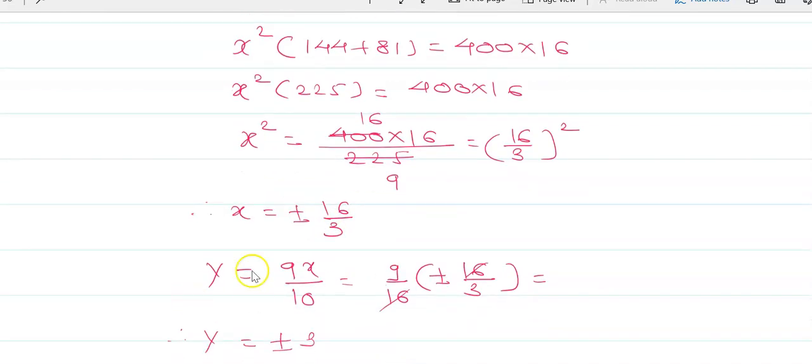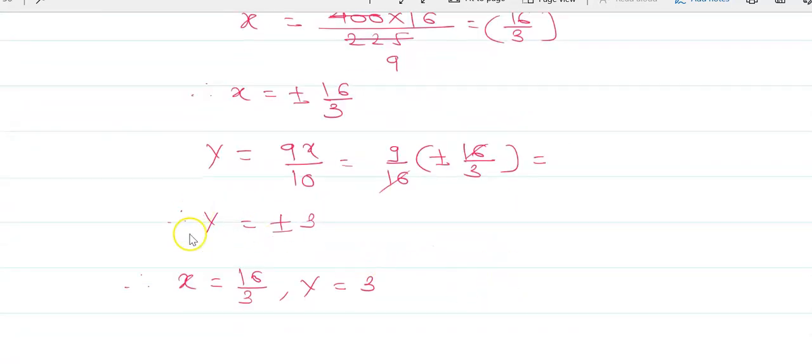If we substitute the value of x, plus or minus, you will also get y equal to 9x upon 16, that is, 9 upon 16 into plus or minus 16 upon 3. Therefore this 16 gets cancelled, and you will get y equal to plus or minus 3.